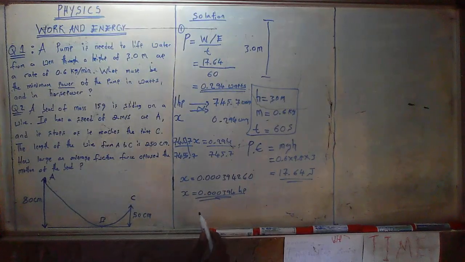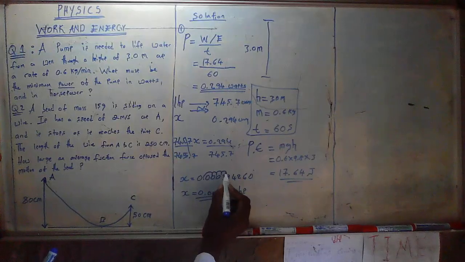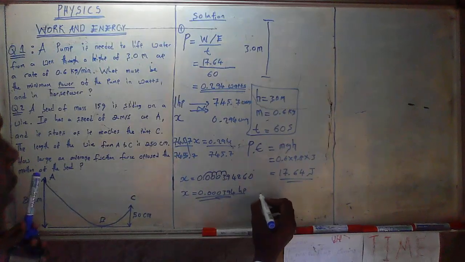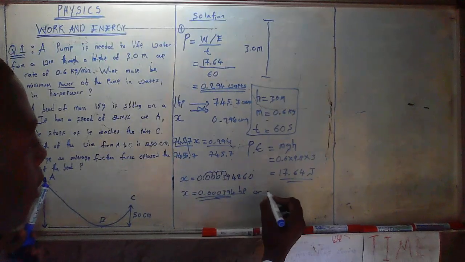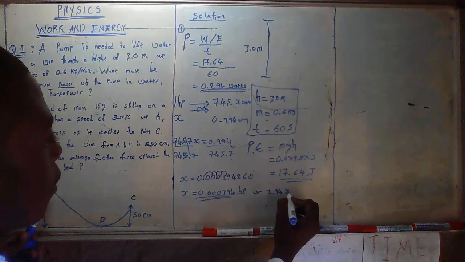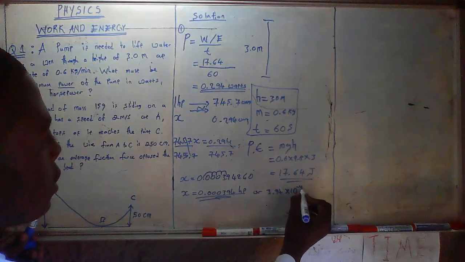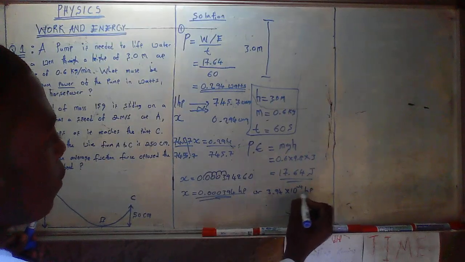This can be converted to scientific notation, so you can just say 3.94 times 10 to the power negative 4 horsepower.